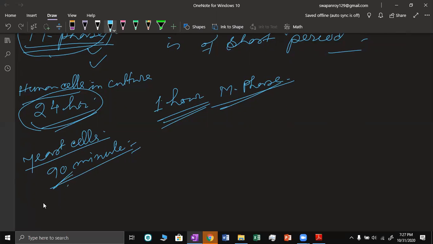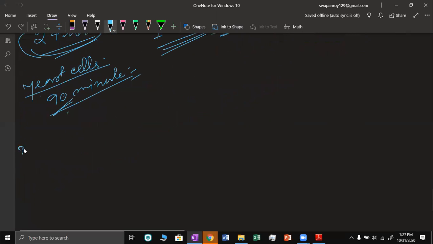Bacteria take only about half an hour, about 20 to 30 minutes. So different organisms, different species, take different time for completing the cell cycle.